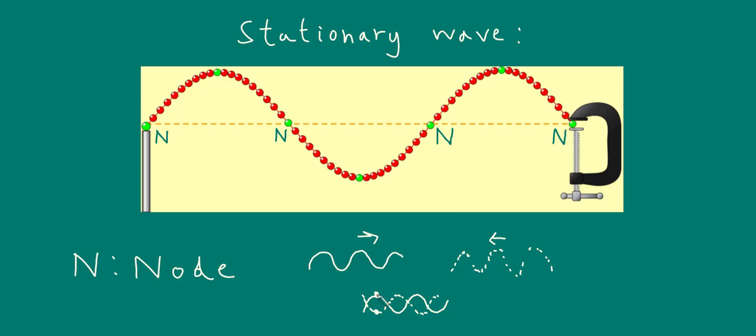Since both waves have the same amplitude, the displacements will be equal and opposite, the same magnitude but opposite sign. From the principle of superposition, that implies that at this position the net or total displacement will be 0. And that's exactly where a node will form.